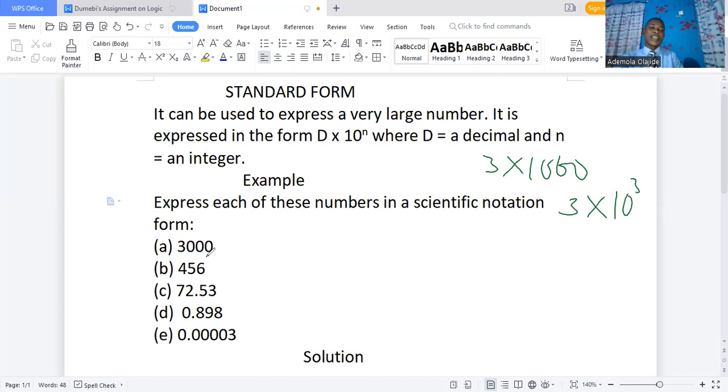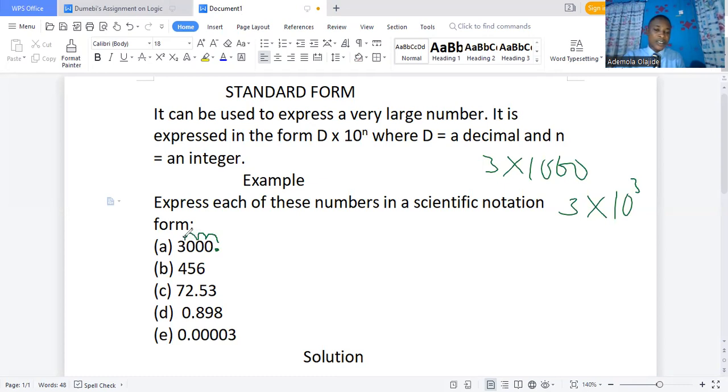But since 3,000 is a whole number, there is an invisible decimal point here. It's like you have 3,000.0. When you want to express this, you will have to move this decimal to behind the first non-zero digit.